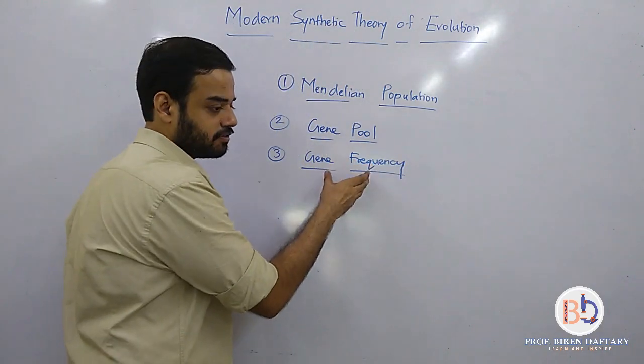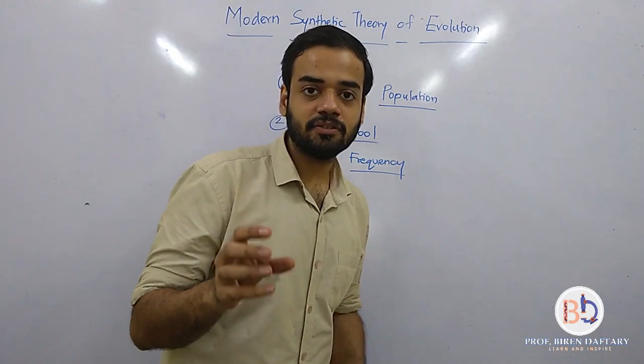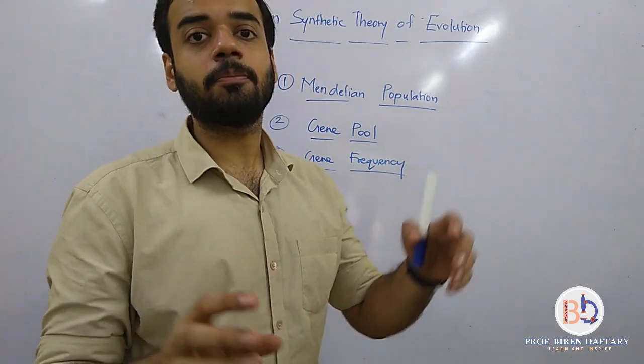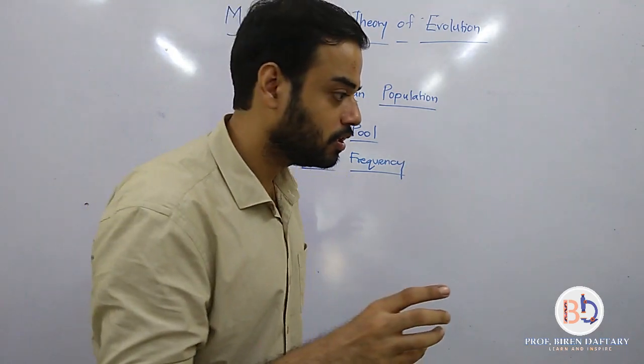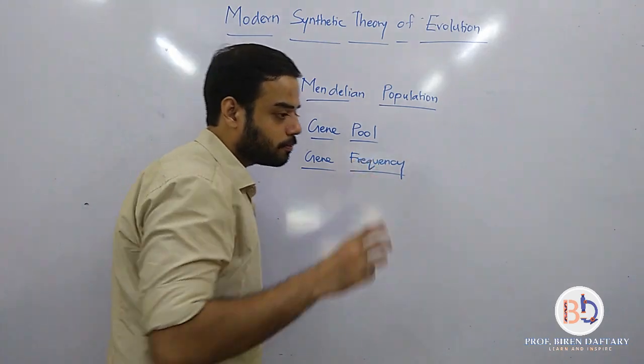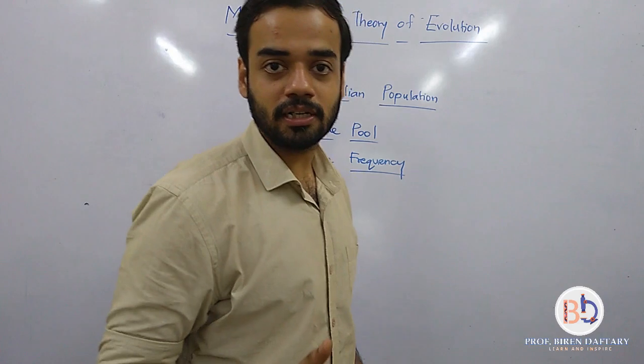So now what is gene frequency? In a similar way, gene frequency is the frequency of an allele at a particular locus. Locus is the position in the chromosome. So gene frequency is the proportion of an allele at a particular locus when it is compared to other alleles.